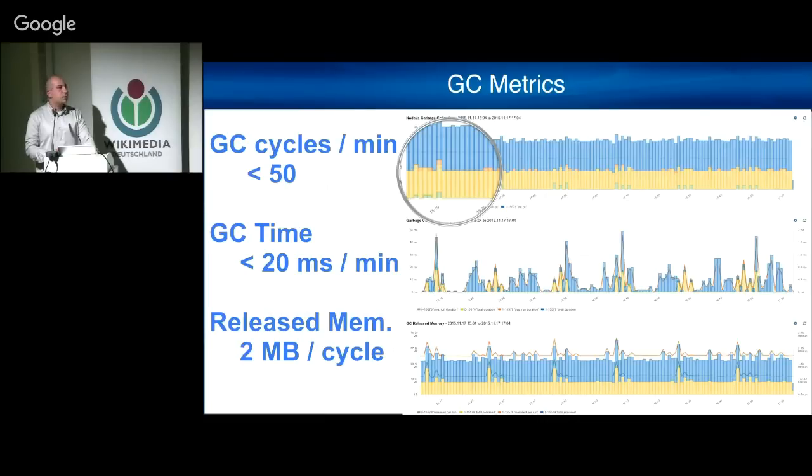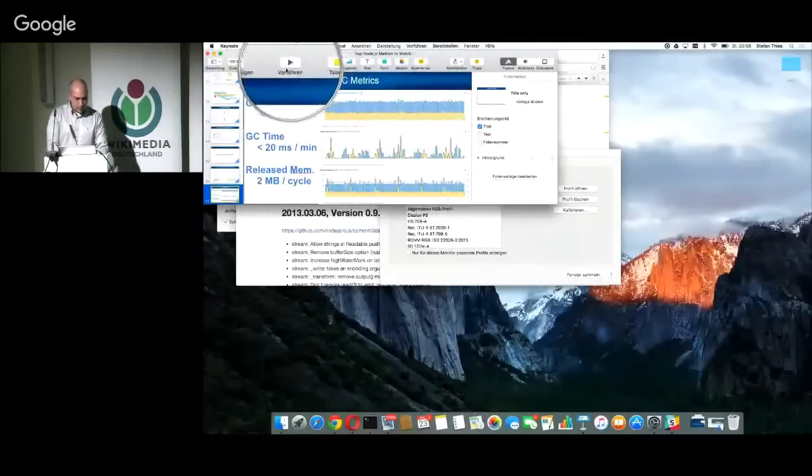If everything is normal, typically you have these cycles, less than 50 cycles per minute. It's under 20 milliseconds. The released memory depends, of course, on your application, but basically this application is doing nothing. It's regular level.